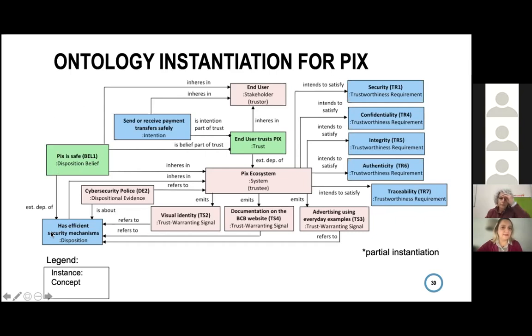So they are related, there is an extension dependence between these two instances. So this kind of diagram is able to show us some instances. Of course, there is a lot more. We just put some here just to illustrate, right? But for the Pix system, there is more than this.